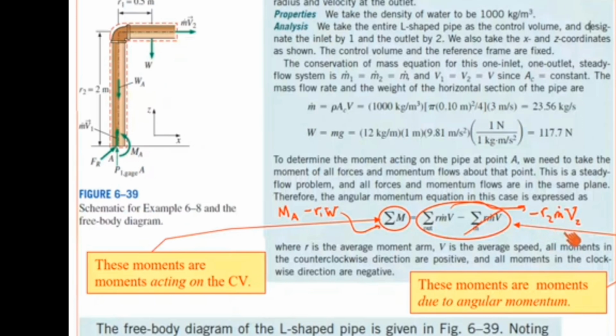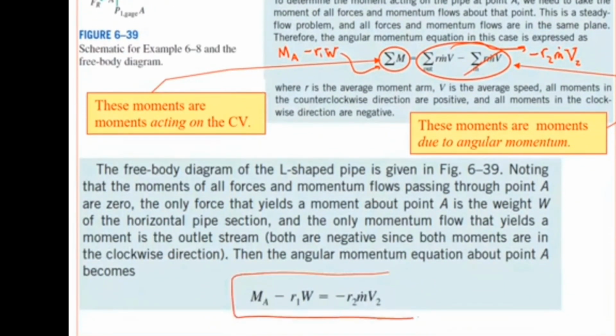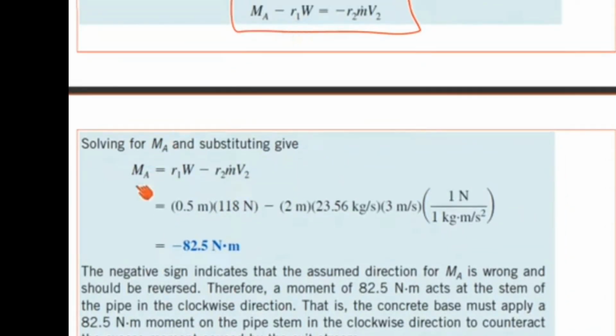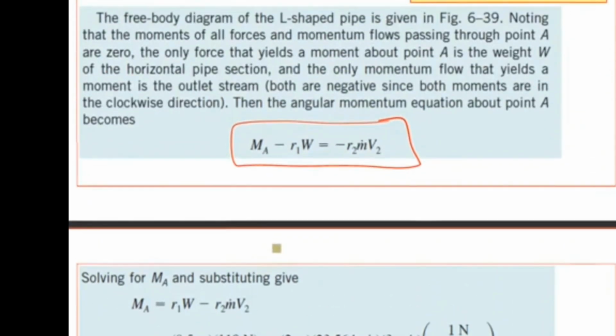Putting it all together, we get this equation: MA minus R1 W equals minus R2 m dot V. The rest of the problem is just solving for MA from here. We get MA equals R1 W minus R2 m dot V.